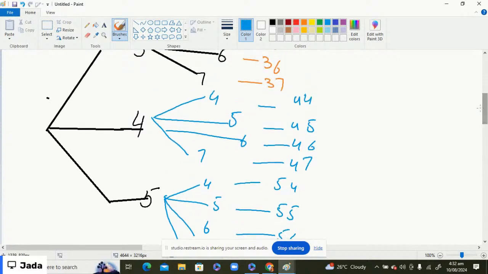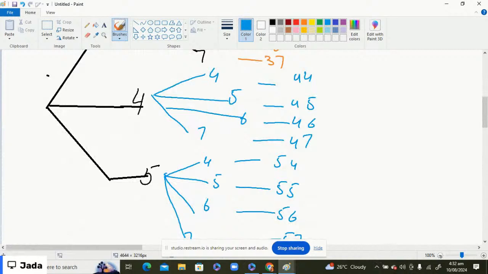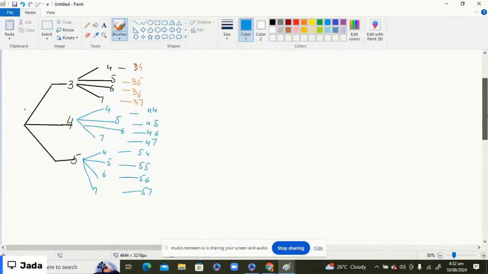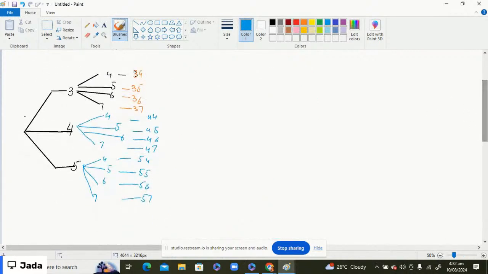Look at all these now. So for the tree diagram, for 3 there are 4 outcomes, that is 4, 5, 6, and 7. So we move first 3 with the 4, 3 with the 5, 3 with the 6, 3 with the 7.